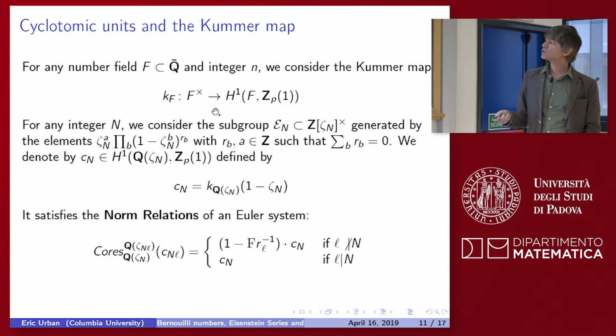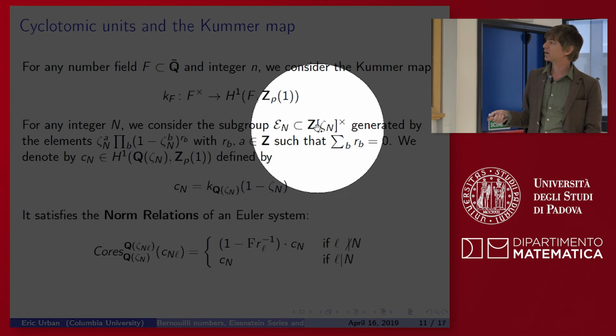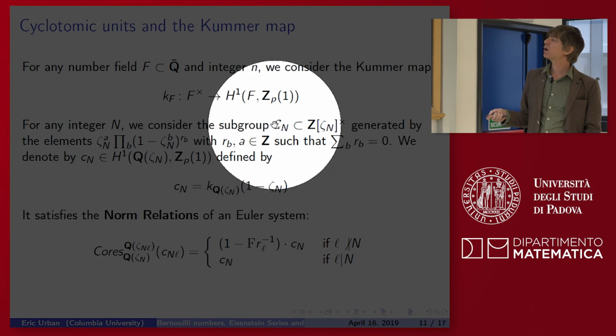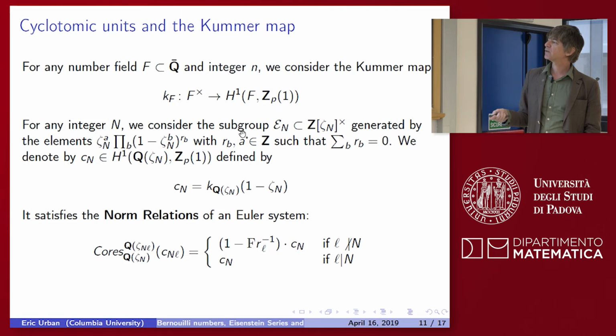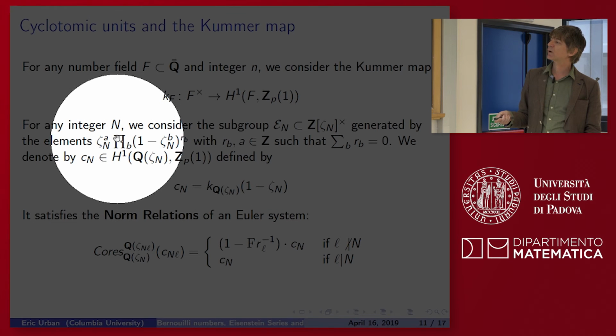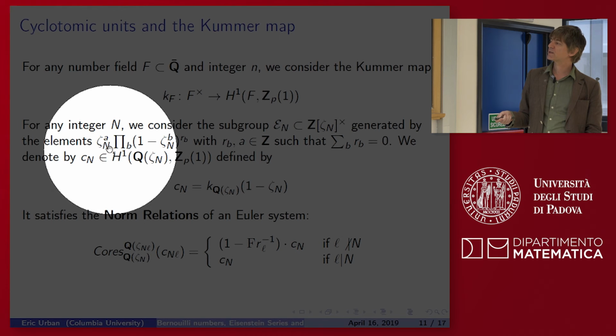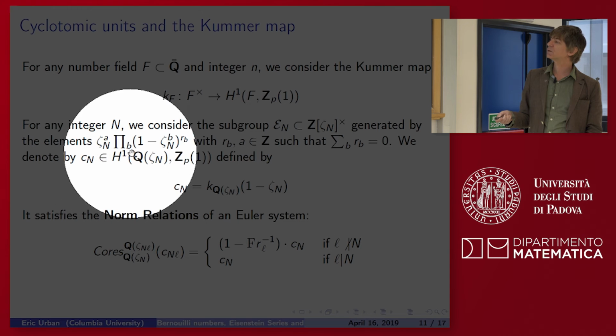Okay. So the cyclotomic units are special units in Z of theta n. Units means invertible elements of this ring. And there are units which are generated by elements of this form. Theta n is an nth primitive root of unity.